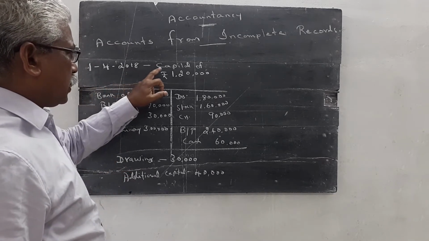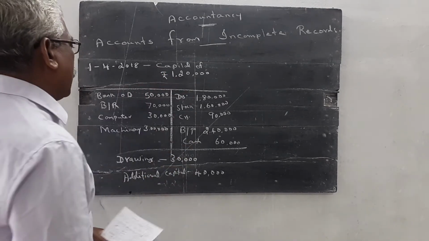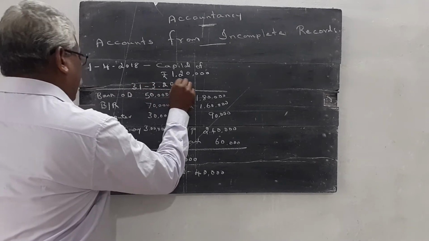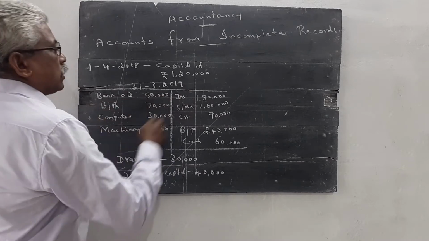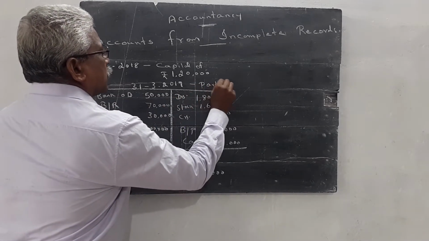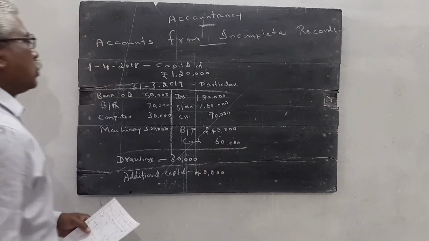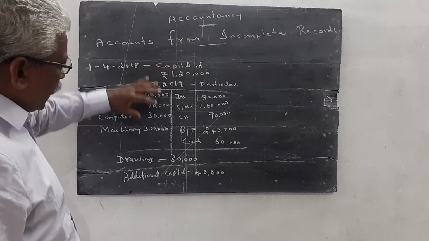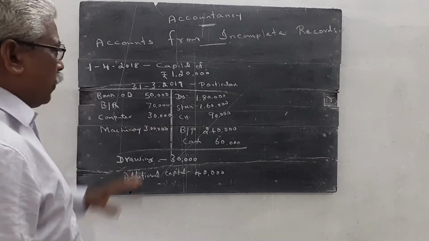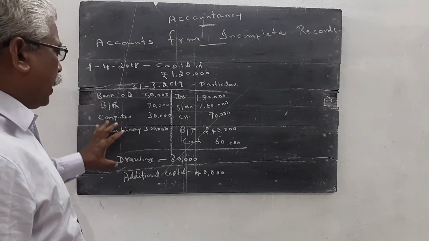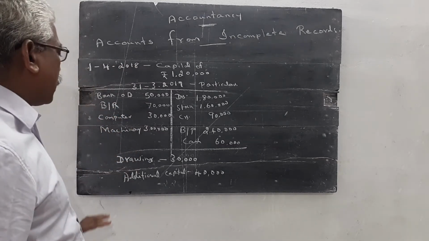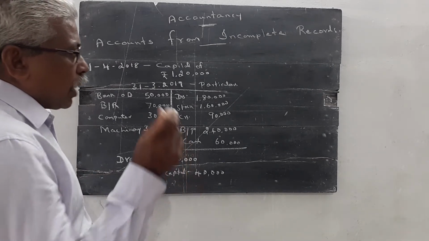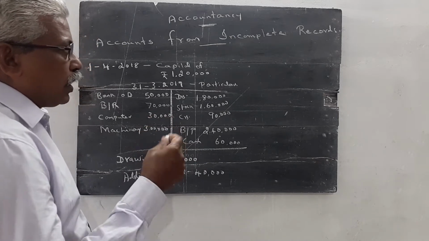On 1/4/2018, Mr. A's capital is 1,20,000. On 31/3/2019, some particulars regarding his business are given in the question. As on 31/3/2019, he has some assets and liabilities. With the help of this information, we have to calculate profit. The same formula is applicable in this question also.